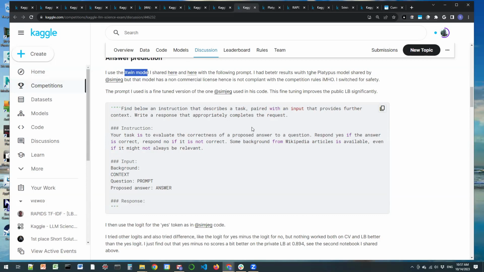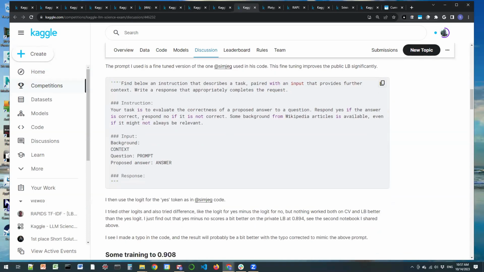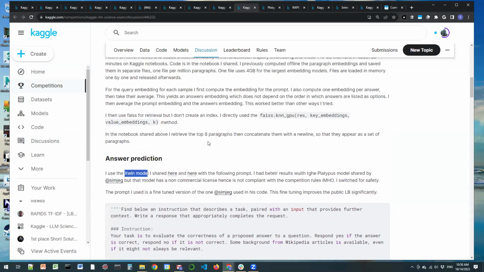Lucky I didn't win. I didn't realize it wasn't in the competition rules. Yeah, but I think people said, even this guy and the platypus guy went back and forth, and they kind of said it's okay. Yeah, I thought it was an open source model, freely available. So he says it was something about a non-commercial license.